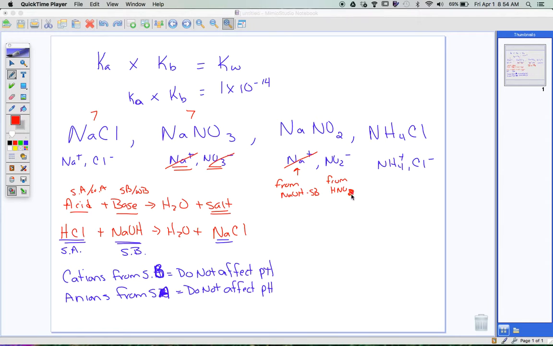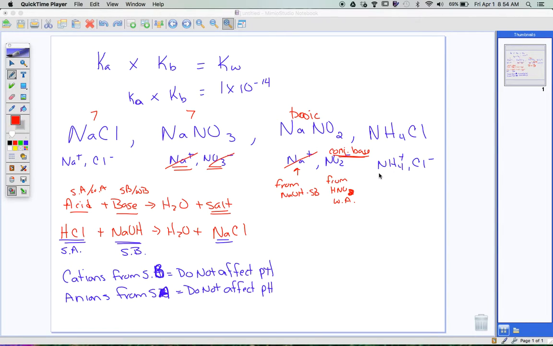NO2, not NO3, which is a weak acid. So the weak acid has a fairly strong conjugate base. So this is a conjugate base of HNO2. This one will affect the pH, and because it's functioning as a base, a conjugate base, this salt will be basic, and we'll figure out how to calculate the pH in a minute. All right, so that salt would be basic.